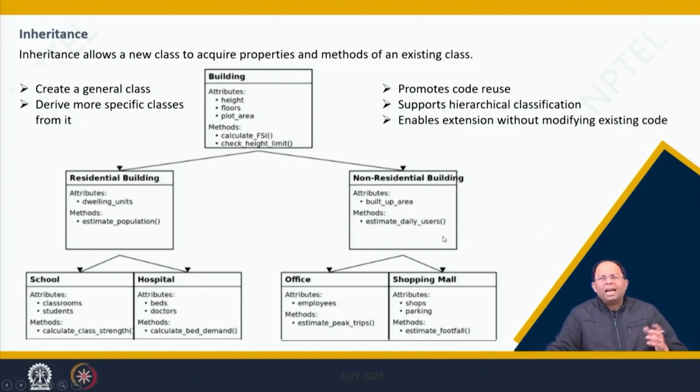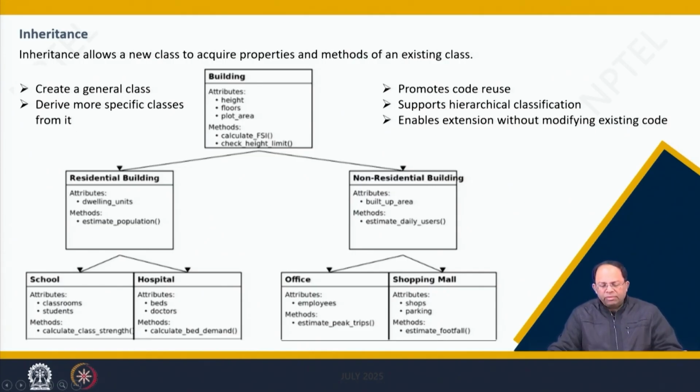Traditionally, residential building means houses for people and non-residential means all other kinds of buildings, right? But over here we are just trying to show that in residential buildings people stay. So there could be a school where people stay, maybe a hostel as well, so they are staying, or there could be a hospital. Or you can even consider building as one class, and then school, hospital, office building as different types of non-residential buildings, and these are inherited classes from that, right?